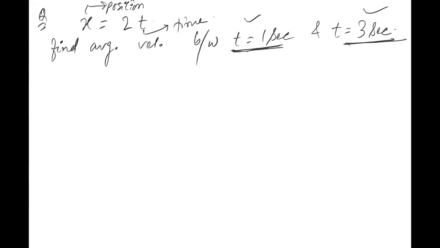Delta t by delta t. No, not delta t by delta t, it is delta x by delta t. Ishika, how will you calculate the average velocity? Tell me.